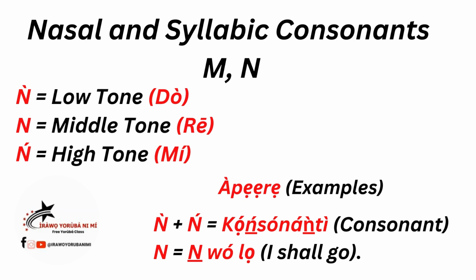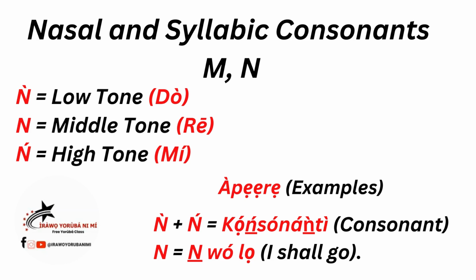The first one has a tonal mark coming from the top left-hand side to the bottom right-hand side. This is the low tone, pronounced as do, do. So the ni will be pronounced as ni, ni.